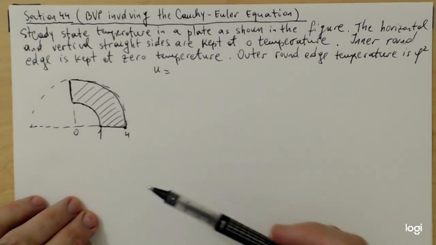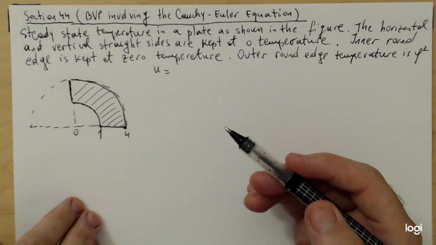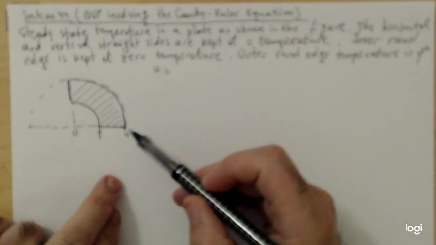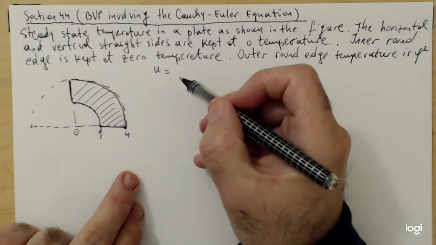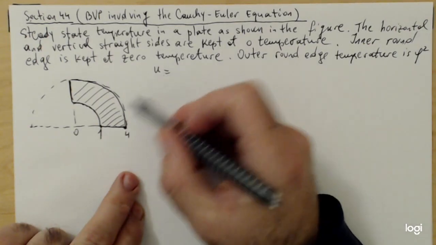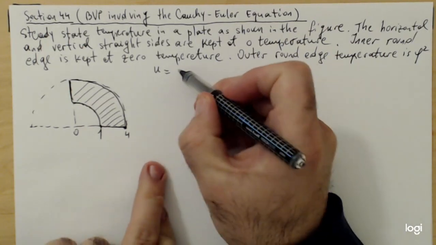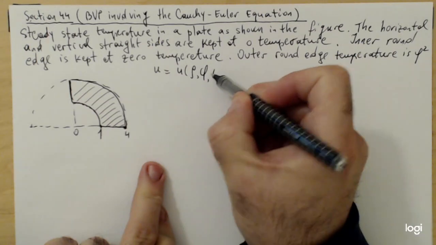So how do we describe this? Again, let's assume that the heat flows along the polar coordinates basically, or cylindrical coordinates if you want, and with respect to the time t. So u, the temperature of any point on the plate, is identified by the cylindrical coordinates rho, phi, and t, and not on z, right?